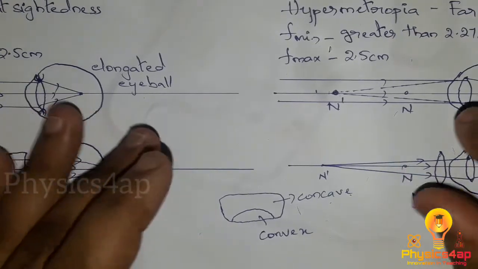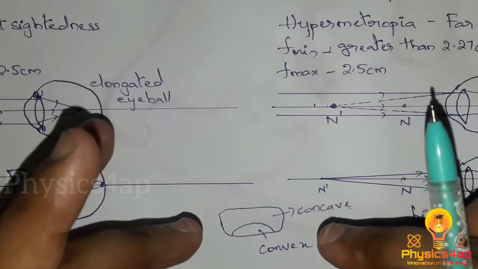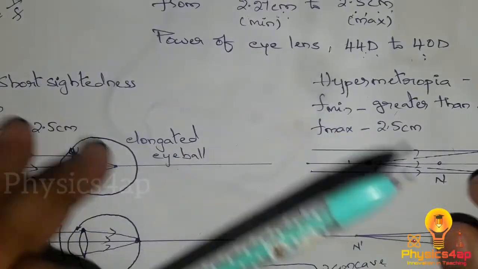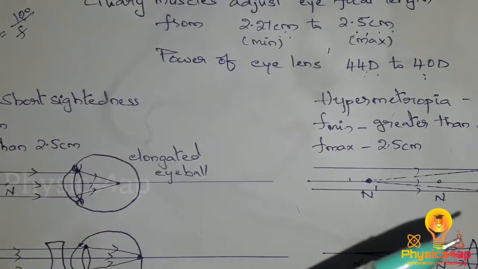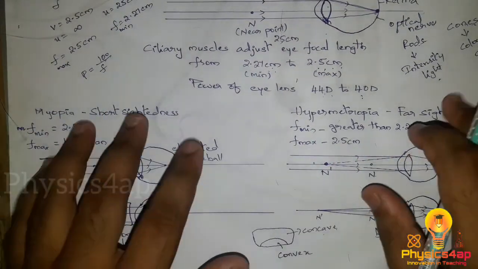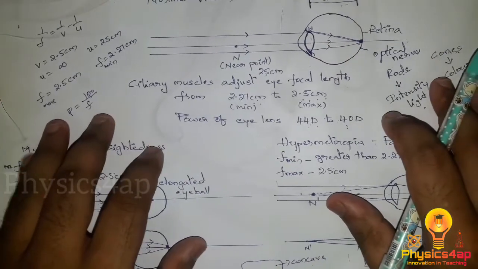Both are adjusted in the lens, which is called a concave-convex lens for presbyopia people. So this is what we have discussed about the structure of the eye and the defects of the eye.